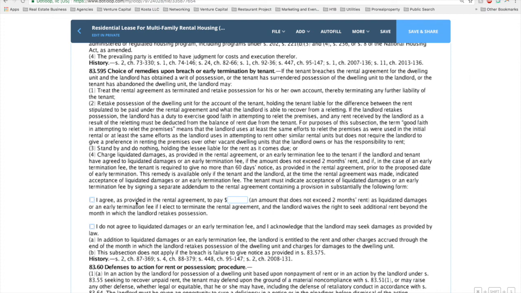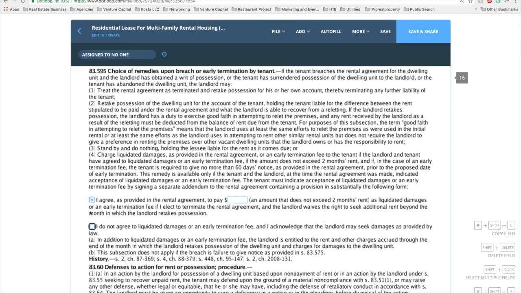I agree, as provided in the rental agreement, to pay an amount that does not exceed 2 months' rent as liquidated damages or an early termination fee if I elect to terminate the rental agreement, and the landlord waives the right to seek additional rent beyond the month in which the landlord retakes possession. So in our case, the tenant agrees, and you need to explain to the tenant what it is.